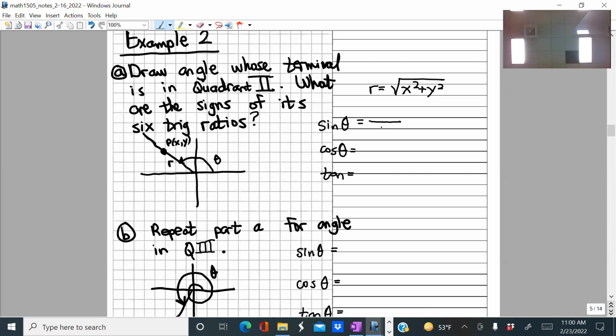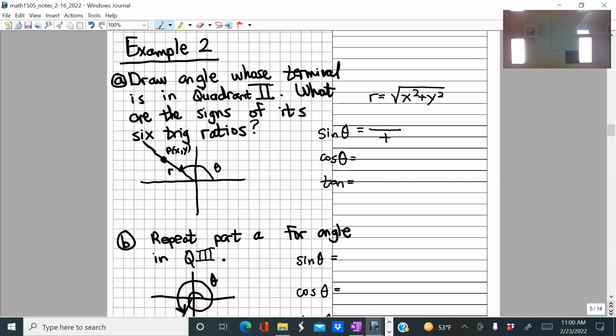The denominator here is the distance, so it's always positive. That's meaningless for the sign. Sine is the y coordinate divided by that distance. In the second quadrant, are your y coordinates positive or negative? They're positive, because that's above the x-axis.